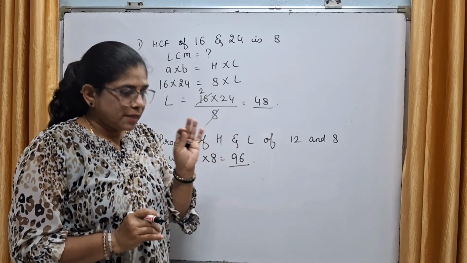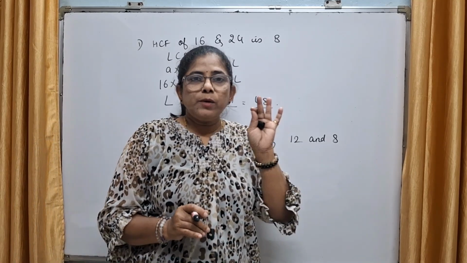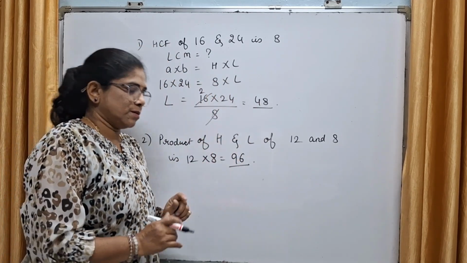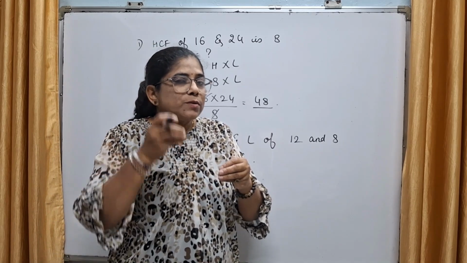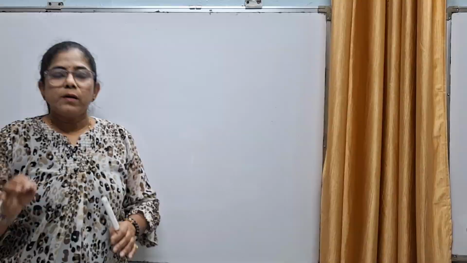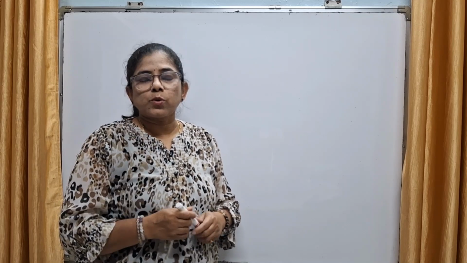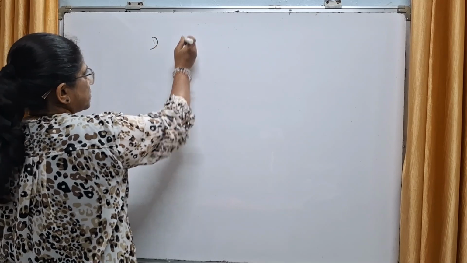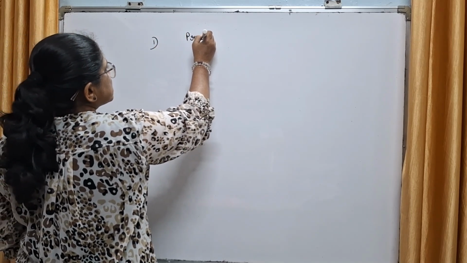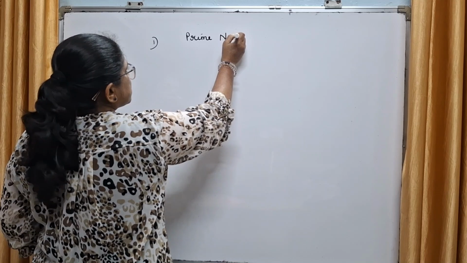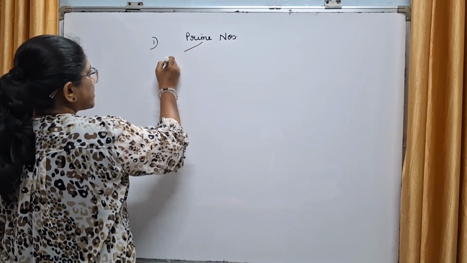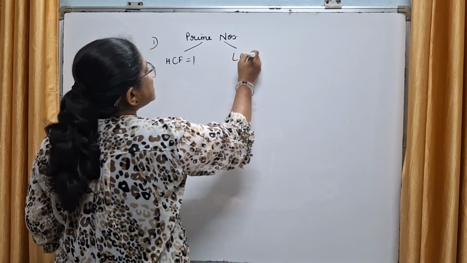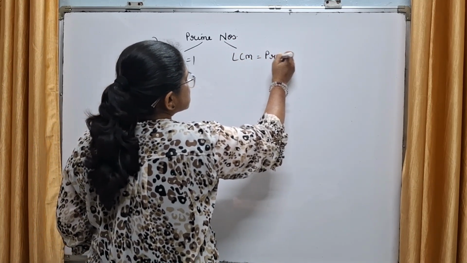Now as I said, there are a few important points which you have to remember while answering these questions. So let's start with those important points. The first note is, if both the numbers are prime numbers, then their HCF is 1 and LCM is the product of the numbers.